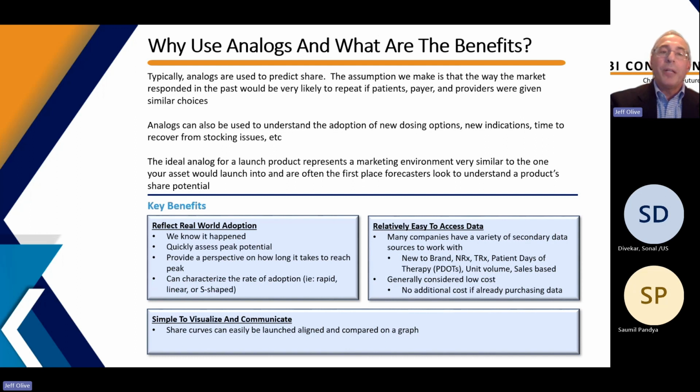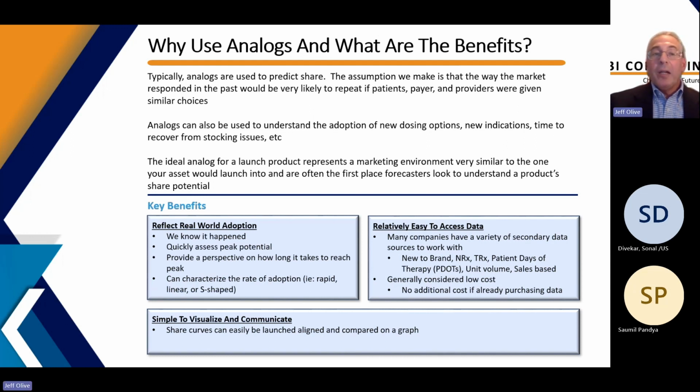So when we talk about reflecting real-world adoption, analogs are great because we know it happened. It's not a market research exercise where it's opinion. It's not a marketing colleague's opinion on what could happen. It's not a medical director's opinion. It actually happened, it's measurable, and we can report out on it.